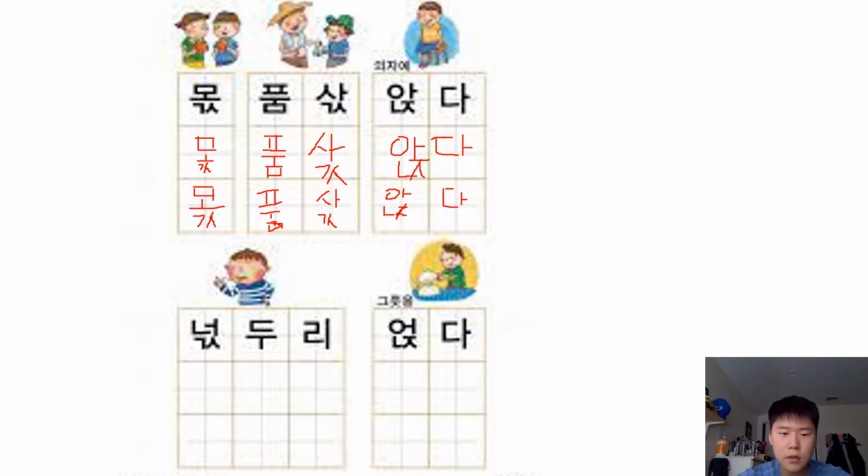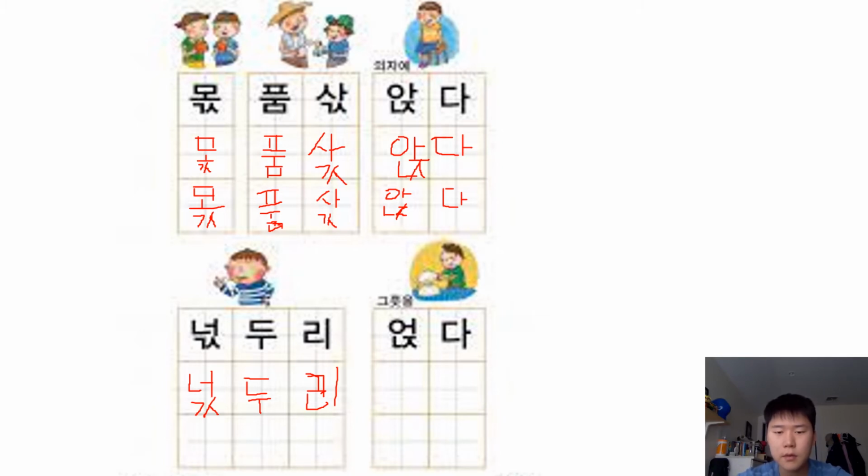So in this one, it's 너뚜리 or 넋두리, right? It means to complain. So let's try writing it once. 넋두리, right? 넋두리. And then this is 얹다, right?